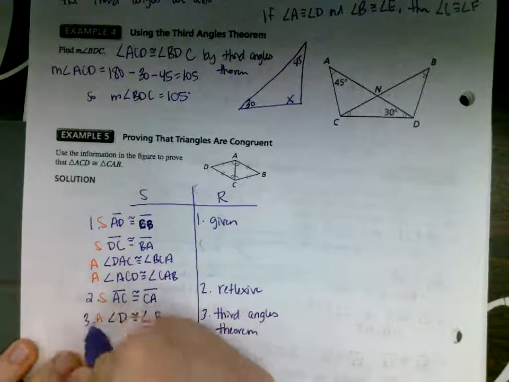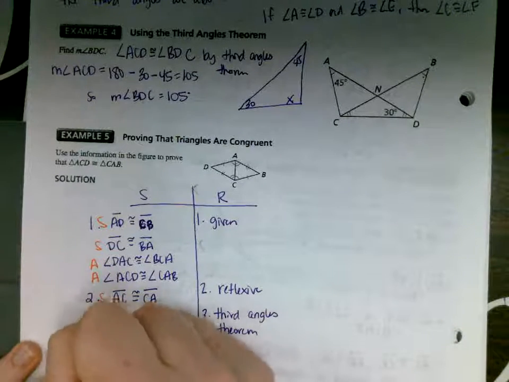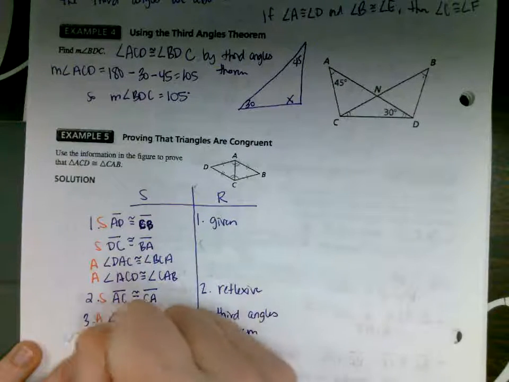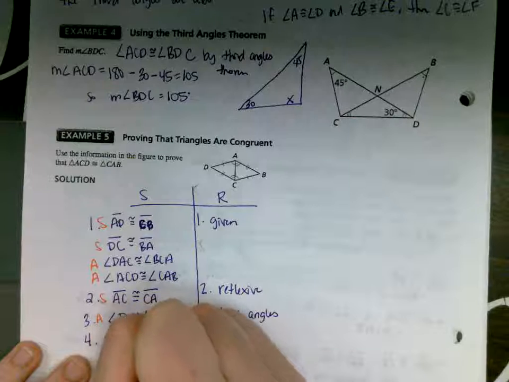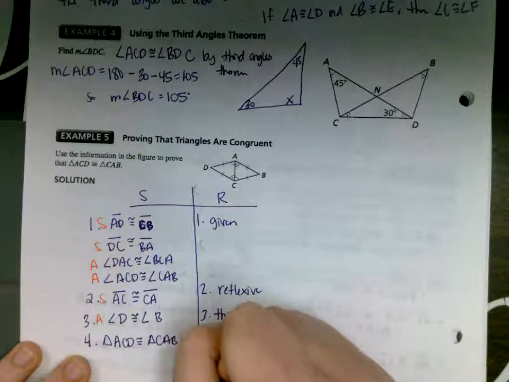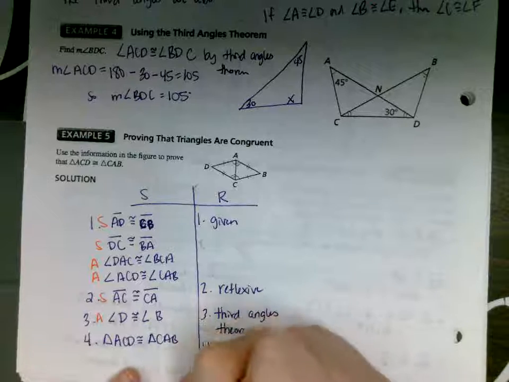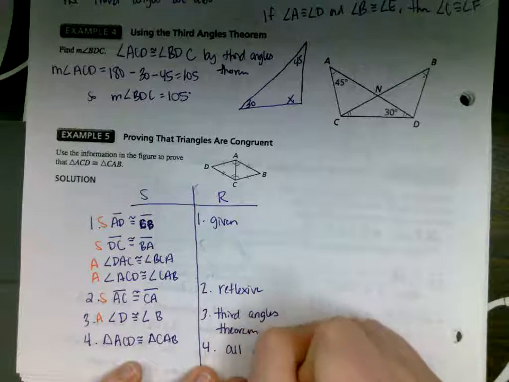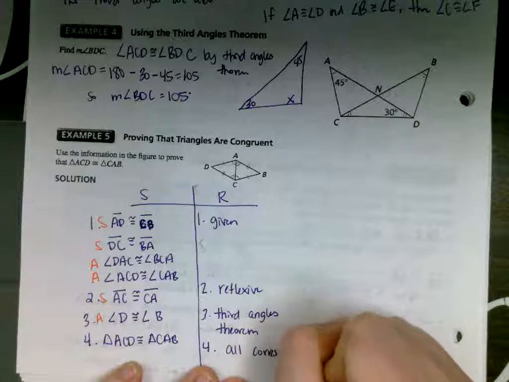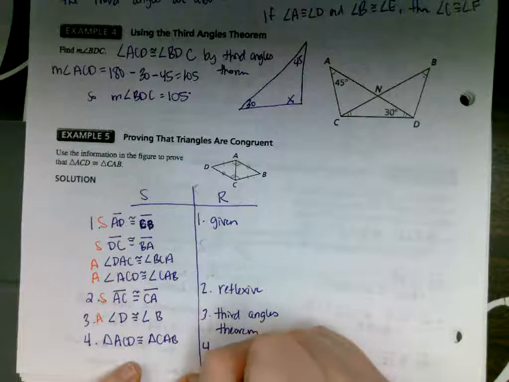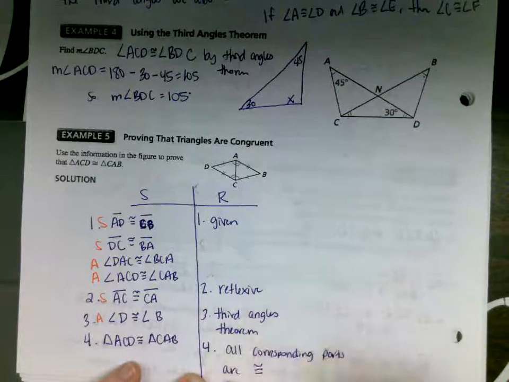So then I know that triangle ACD is congruent to triangle CAB, and it is all corresponding parts are congruent.